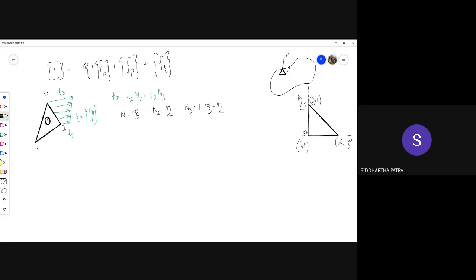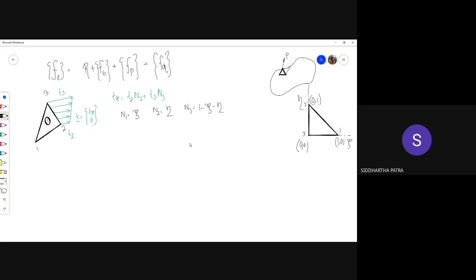Let's say this is node number 1, this is node number 2, and this is node number 3. On the line 2 3 is where I'm applying the traction, and for simplicity I'm assuming there is only one component to the traction, the x component. There could be only a y component or a combination of both, but the treatment is the same for each component.